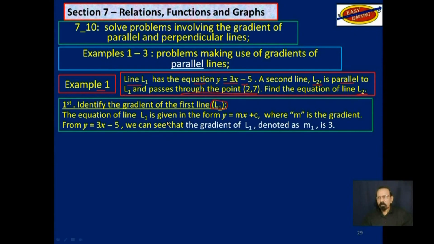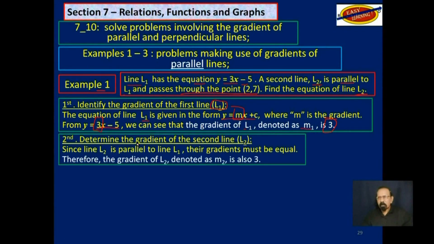In the equation for the line L1, we are given the format y is equal to mx plus c. This m here is the gradient. So y is equal to 3x minus 5. We can see that the gradient of L1, denoted by m1, is 3.